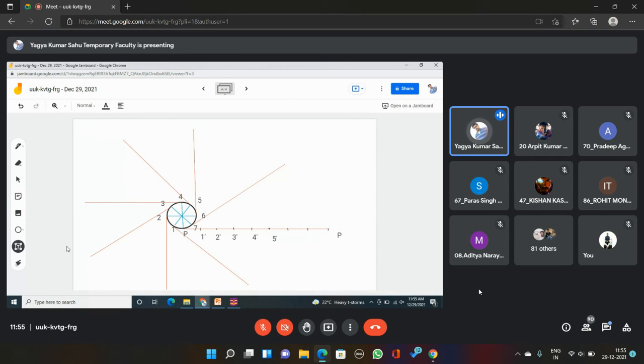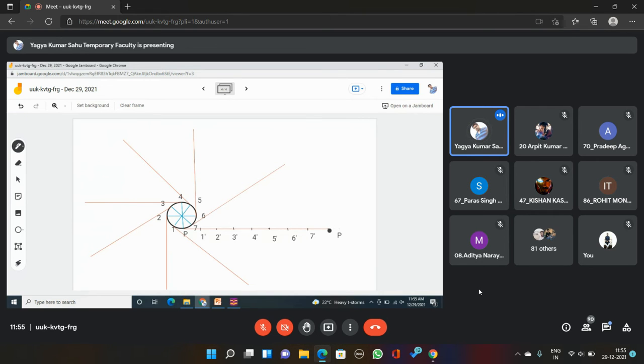We are drawing involute when the length of string is exactly equal to the circumference of circle. This is the first type of question for this involute, involute of a circle. Here we are taking the length of string exactly equal to the circumference. So in this case, our curve will end at this particular point P, the end point.